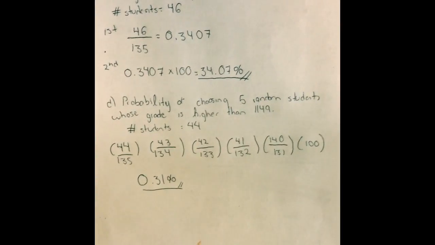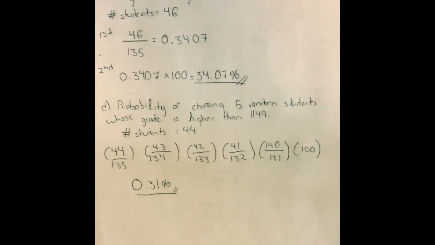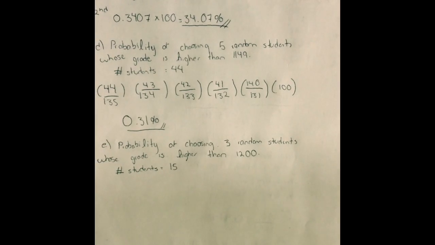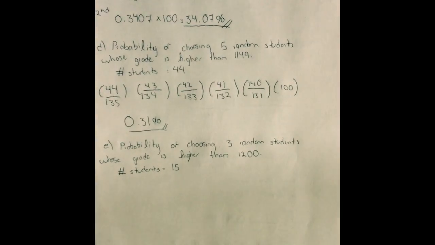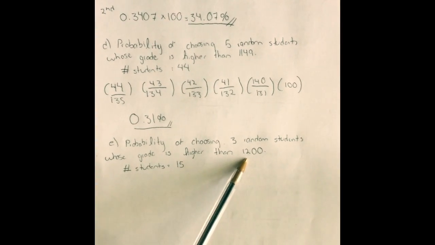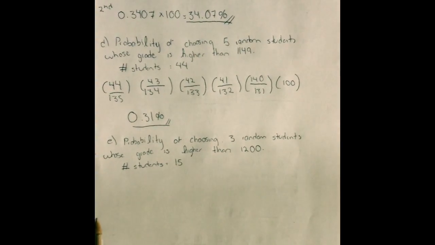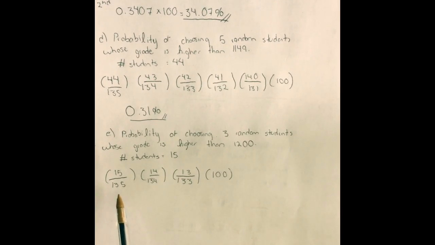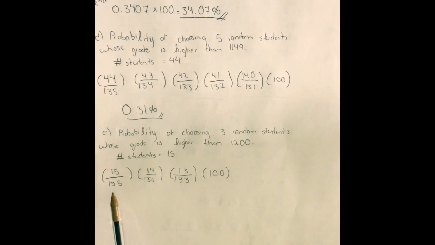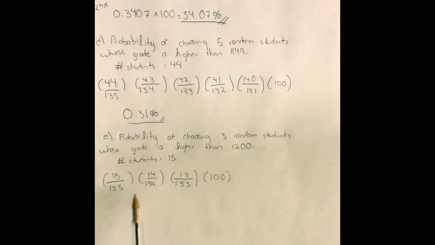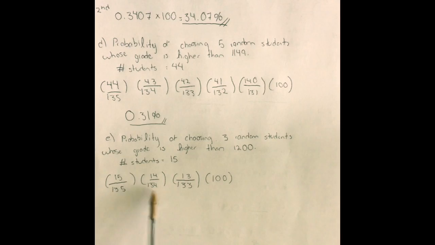Now for problem E, we are going to do exactly the same but with different conditions. Alright, so problem E asks us to obtain the probability of choosing 3 random students whose grade is higher than 1200. The number of students that respect this condition is 15. Here we're going to do exactly the same that we did in the past problem, but instead of 5 progressive operations, we're going to do 3 progressive operations.